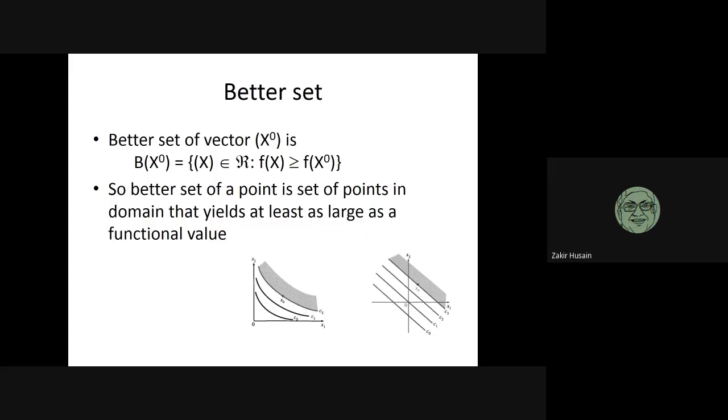Okay, now this is a better set. So all of you understand what is a level set? Yes, sir. Okay, now we come to a better set. See, if you go back to utility theory, the indifference curve, along this your utility is constant at u equal to u0.